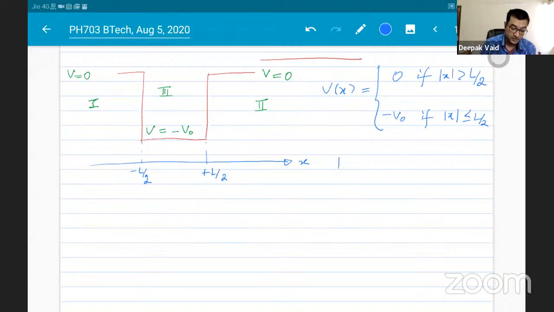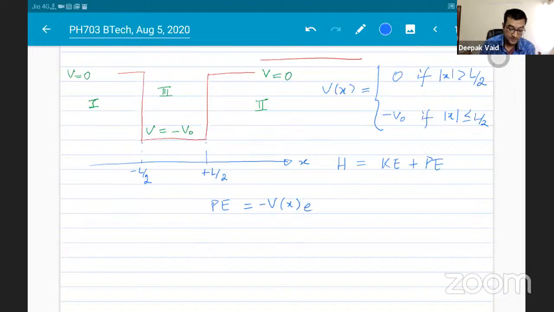Now, remember that the Hamiltonian is the total energy, right? So the total energy is what? It's the kinetic energy plus the potential energy. The potential energy is the potential multiplied by the charge of the electron, right?